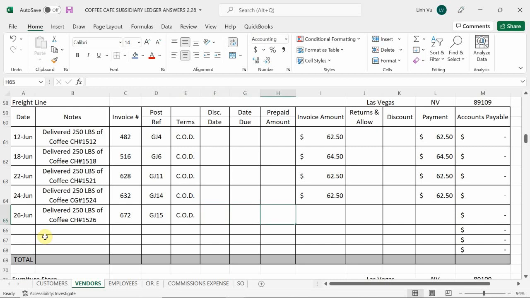COD for $62.50, and of course we made a payment with check number 1526. So that means I owe Freightline $0.